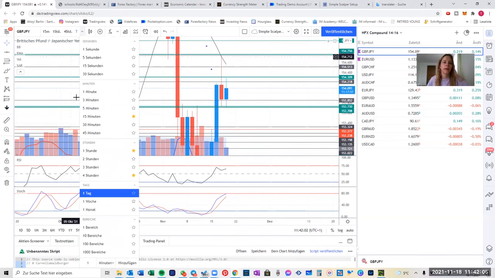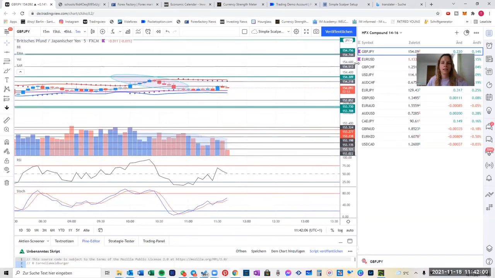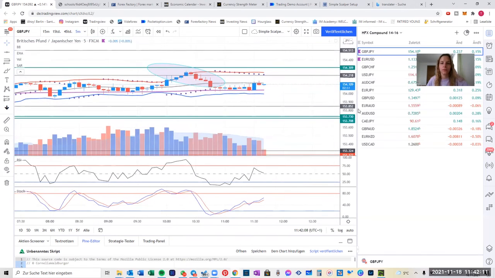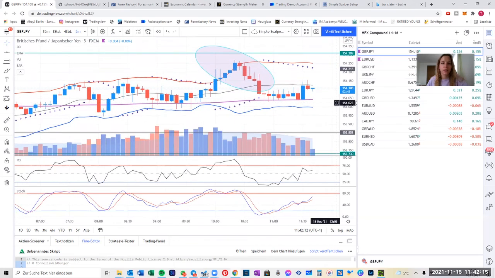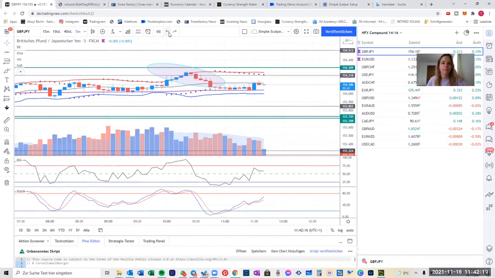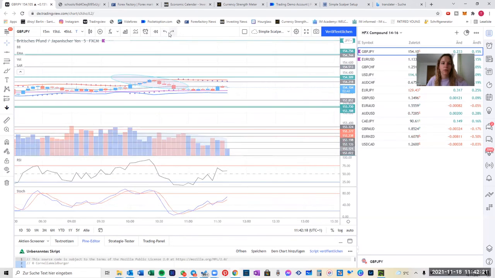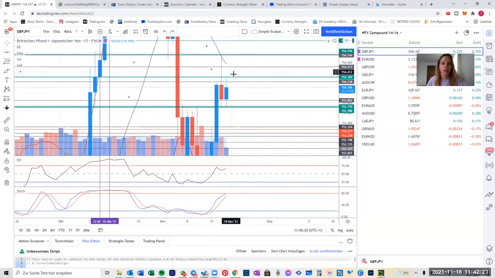And then you can go back to 5 minutes or hourly or whatever you're doing. But that's an important step to know, because you see here, that was a pretty good example. I just have to correct it shortly. It was here, I think.